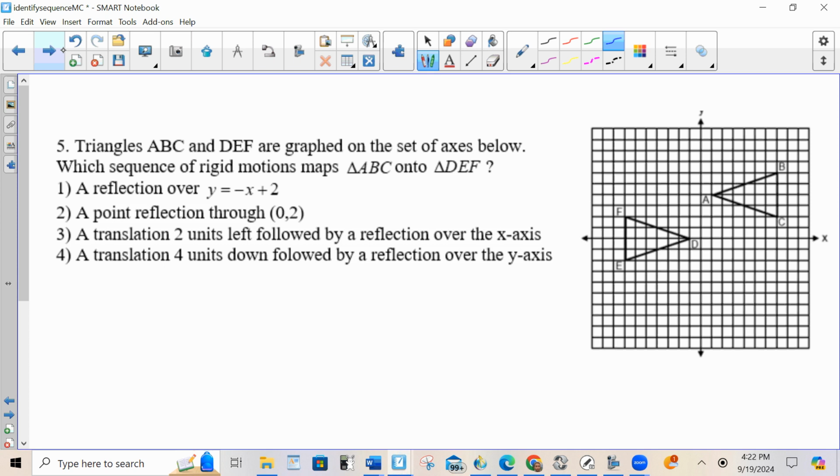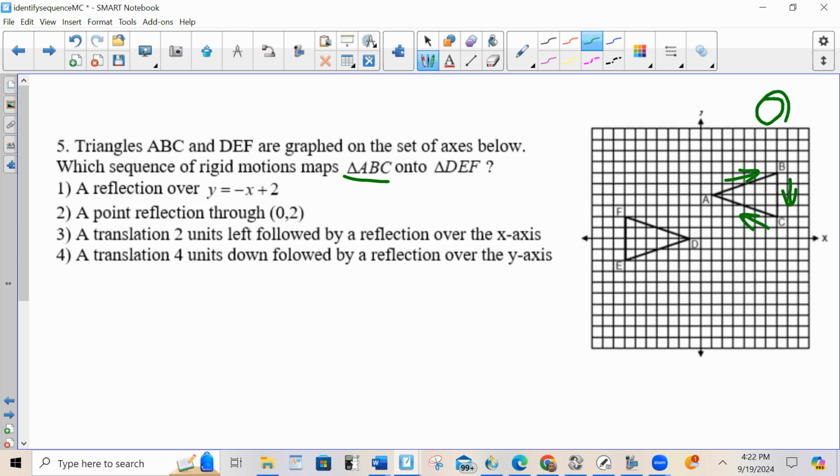Number 5, we're going to check for orientation. So I have A, B, C. And we follow the order of the letters that it gives us in the problem. That one is going clockwise. We've got D, E, F. That one is going clockwise.